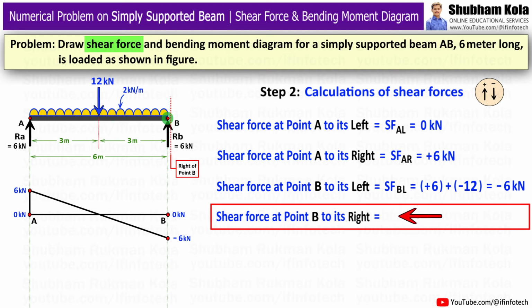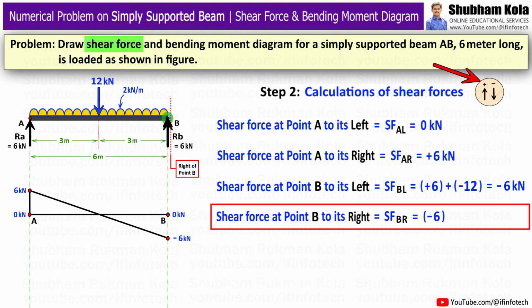Now next to calculate shear force at point B to its right, that is SF at point B to its right. So here I will carry forward the previous value of shear force up to point B to its left, which is minus 6 kN. And when we go to the right side of point B, then there is reaction force Rb in the upward direction.